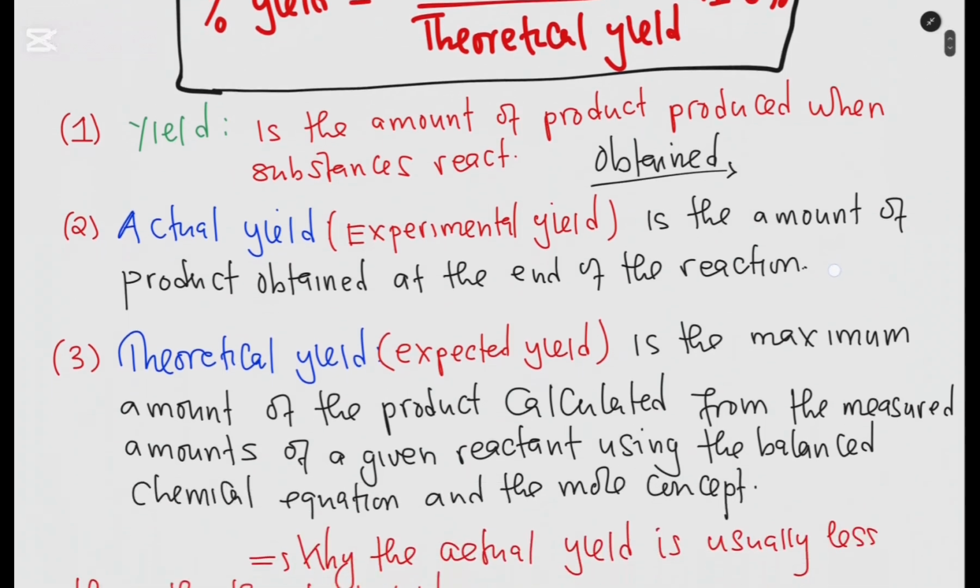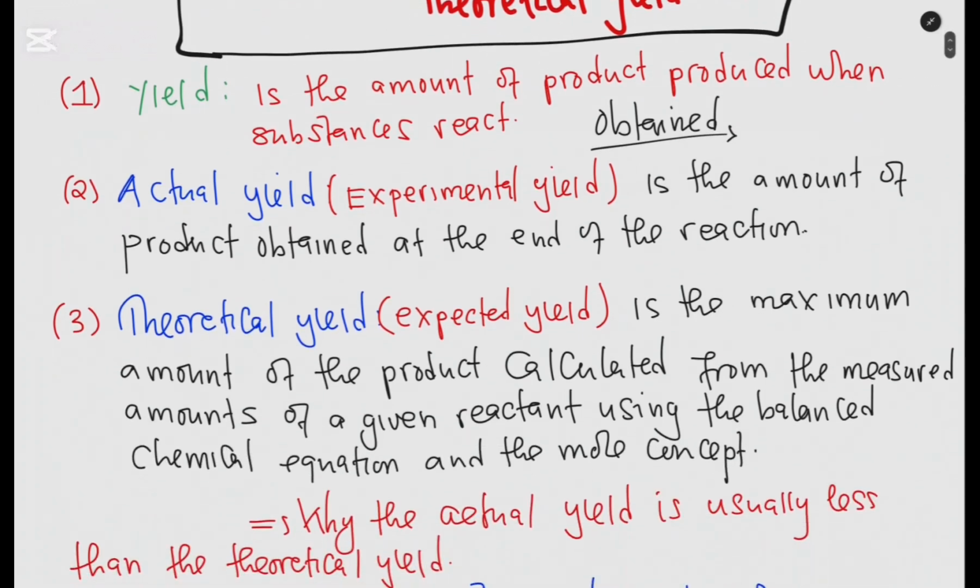This is the maximum amount of product calculated from the measured amount of a given reactant using the balanced chemical equation and the mole concept. So in other words, this one is the calculated mass.